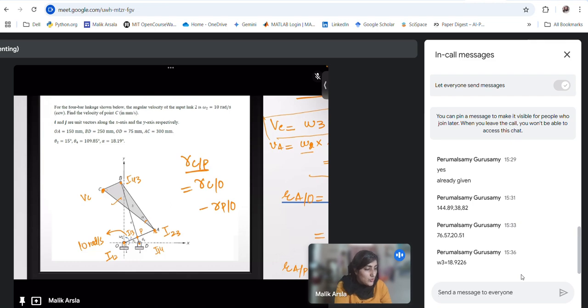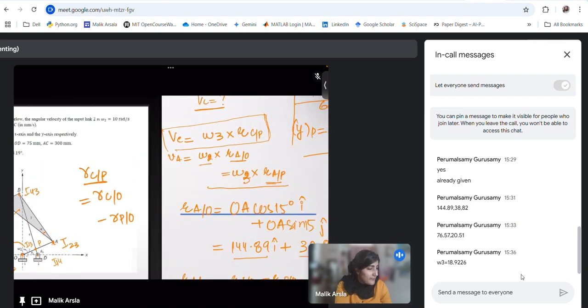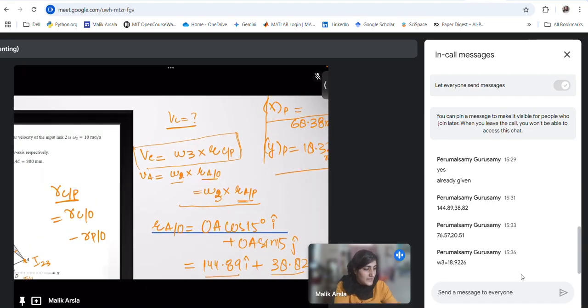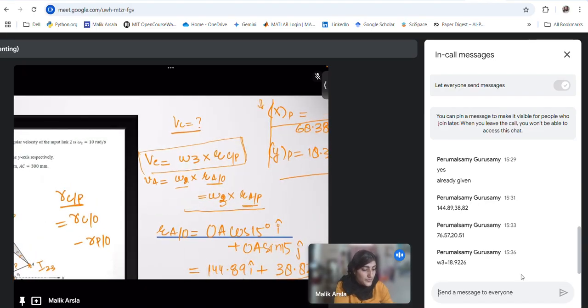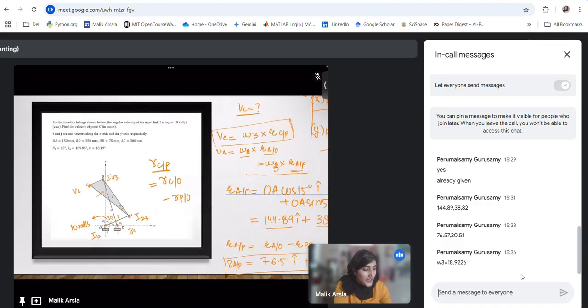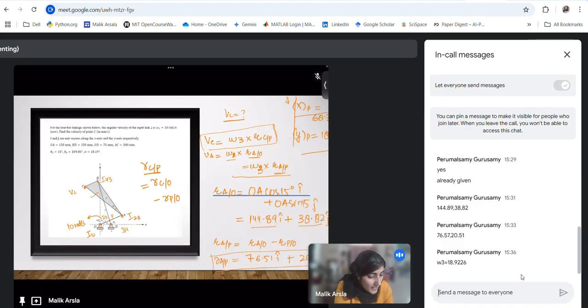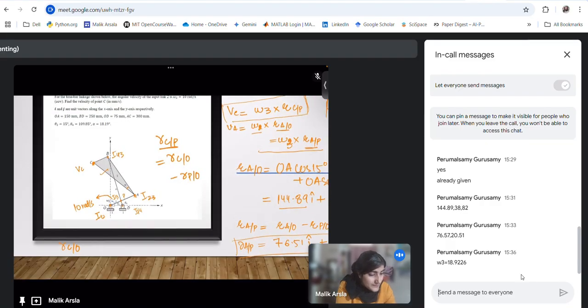Now RPO is known to us, we have already found it out. Now we need to find RCO. RCO can also be written, if we take this path, as ROA plus RAC, right?